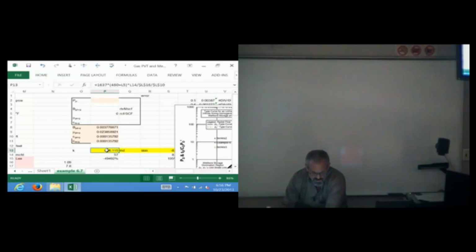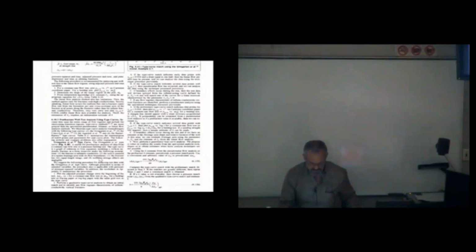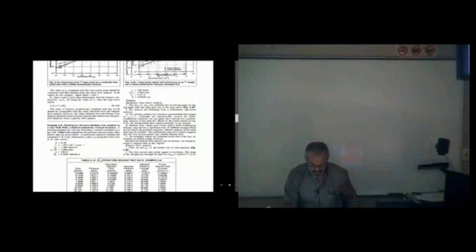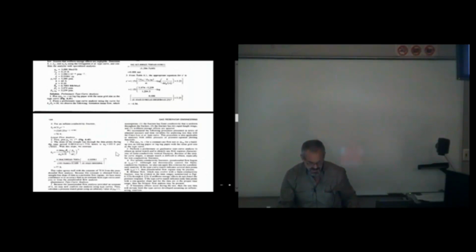Okay, 0.115. And the textbook has 0.0 something, doesn't it? What's the textbook have for this? That's 6.8. 0.088. Yeah, I'll leave this here.